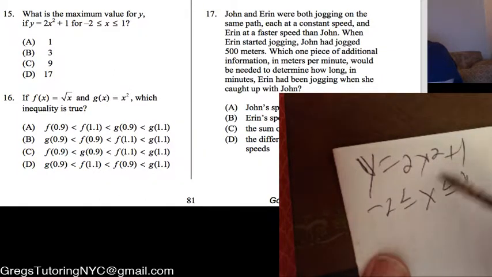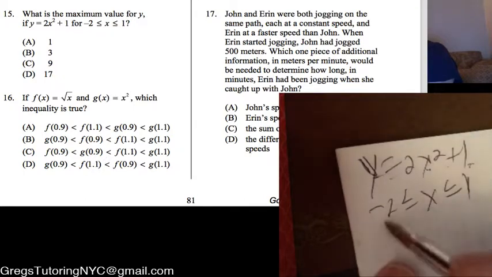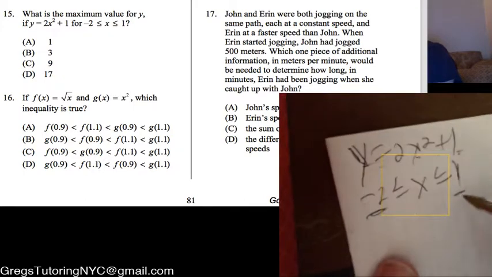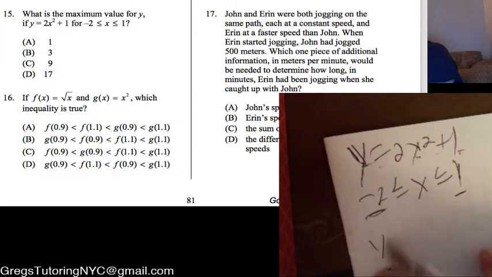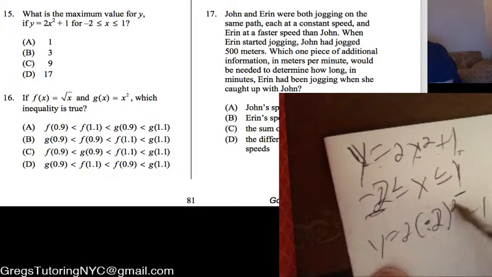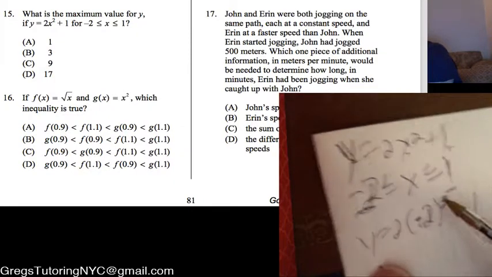So all we really need to do is plug in the x here and see what the ranges are. So let's do the extremes. So we have y equals 2 times minus 2 squared plus 1. It's important that this negative has to be retained here.